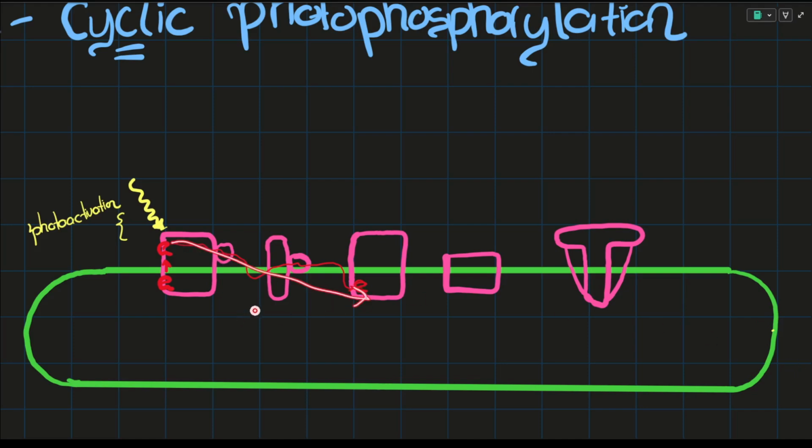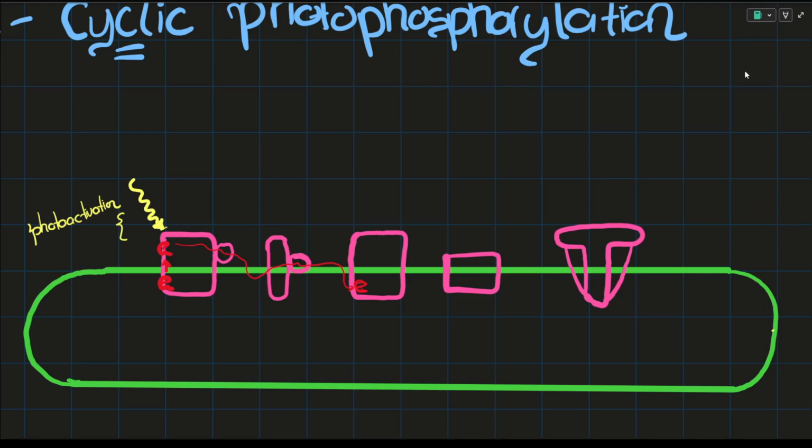There's a gradient. It's dropping. What's happening? The electron is transferring its energy to these proteins as it moves along, and therefore it loses its energy and it's back at the bottom. It doesn't have energy, that's why it has dropped to the bottom. Now, why exactly is the transfer of this energy to these proteins important? That's because this is what happens.